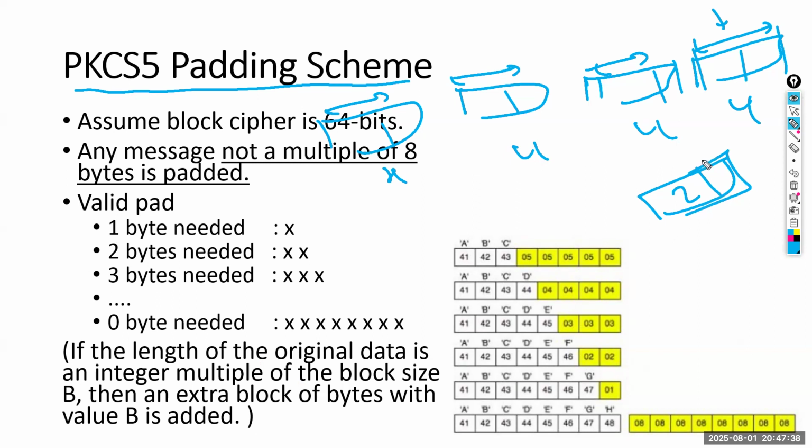So then you need to pad it, because our algorithm always expects the full block size. Only the last block needs padding. Let's assume the block is 8 bytes. If you have 3 bytes, you need to pad 5 bytes to make it 8. If you have 4 bytes, you need to pad 4 bytes.